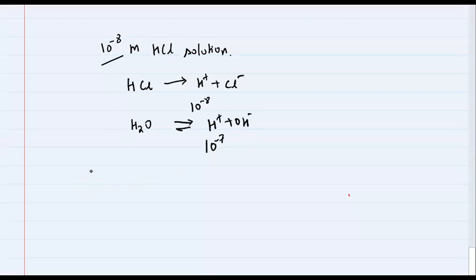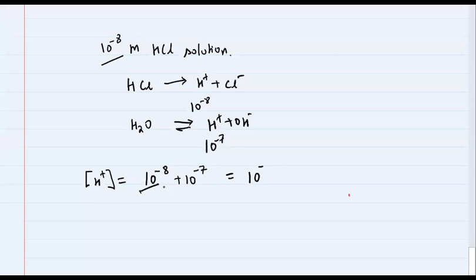Now tell me, what is the total concentration of H plus? Because volume would be same, because obviously it is mixed in H2O. So total concentration would be 10 to the minus 8 plus 10 to the minus 7. Agree everyone? Now we can take 10 to the minus 8 common or 10 to the minus 7 common.